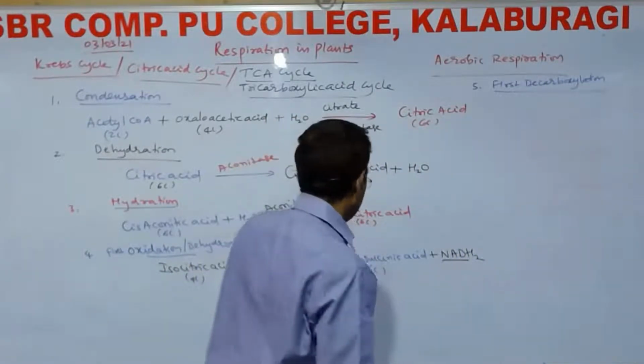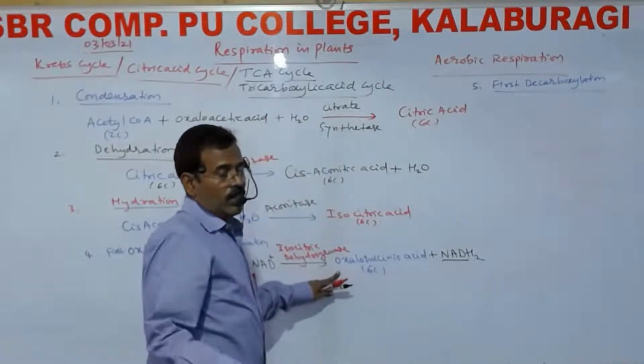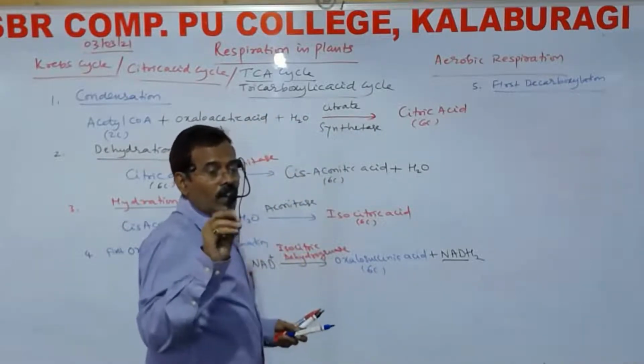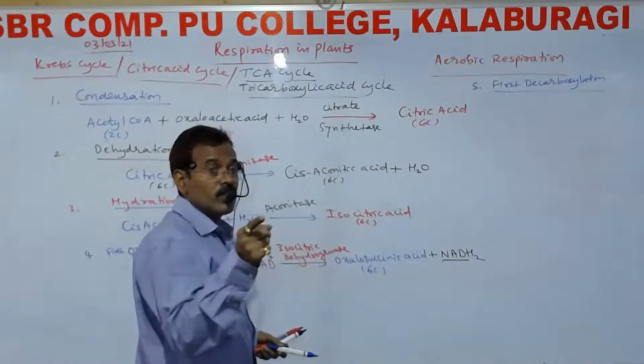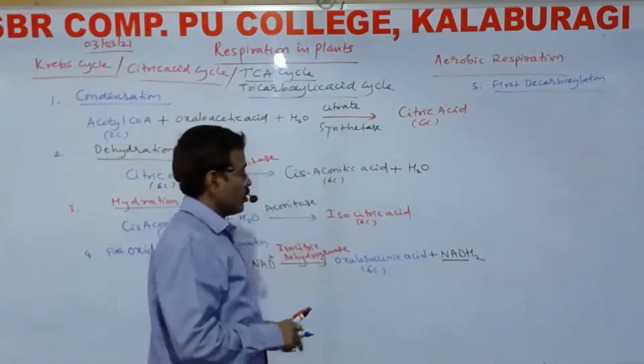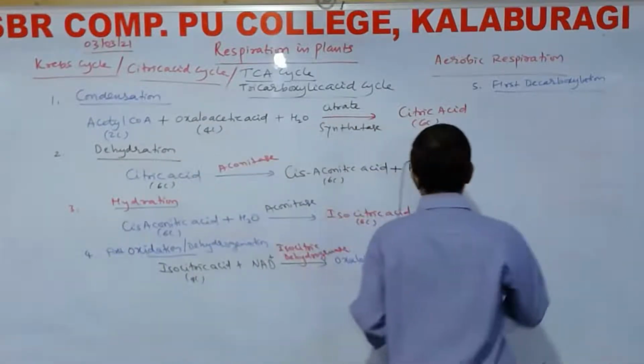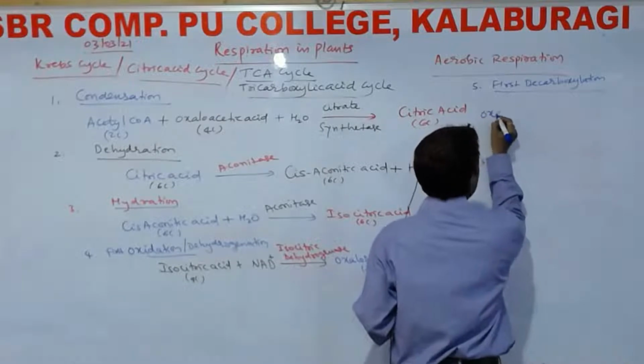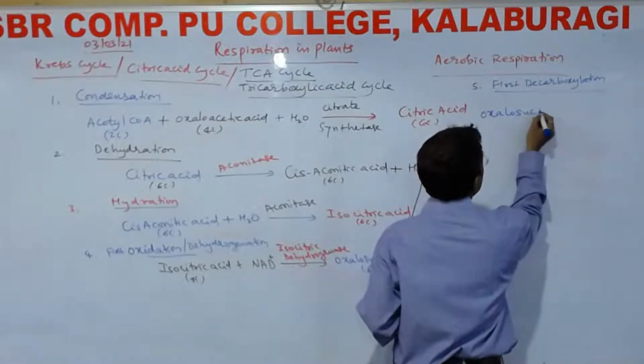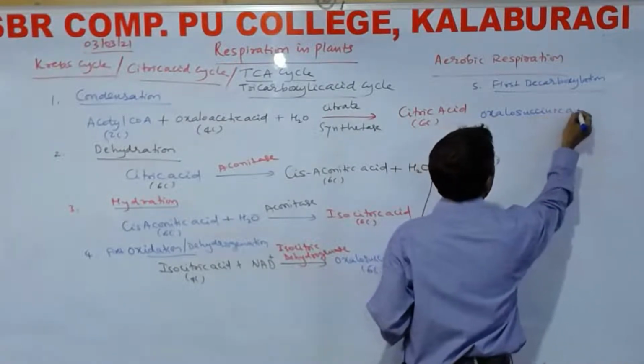So now 6 carbon compound will turn into 5 carbon compound because of this decarboxylation. So we'll write here oxalosuccinic acid.